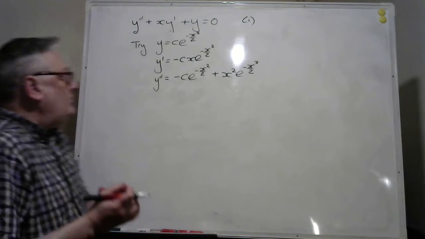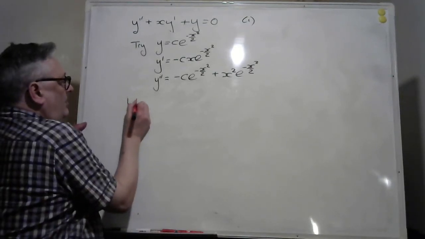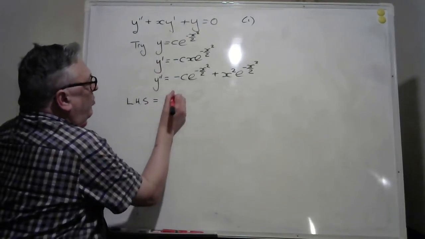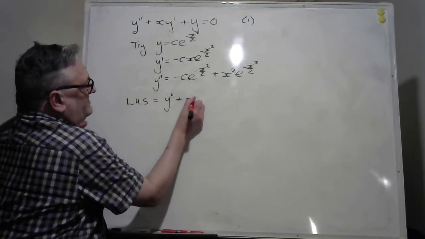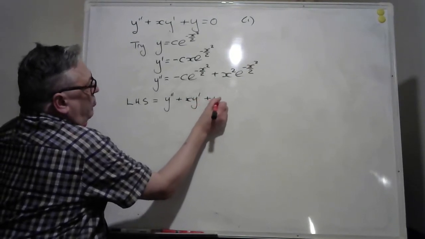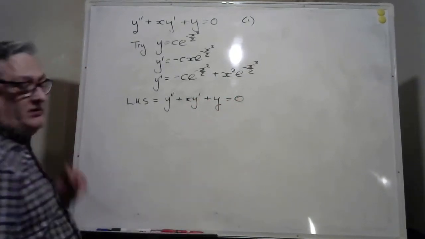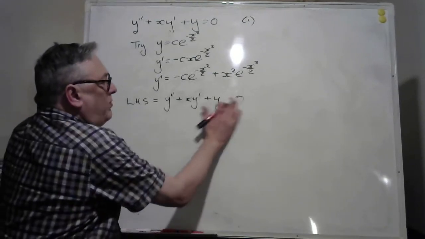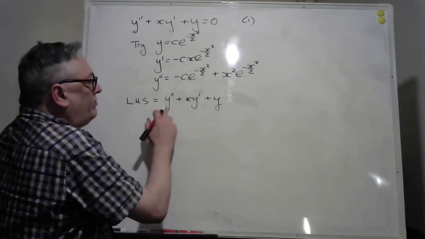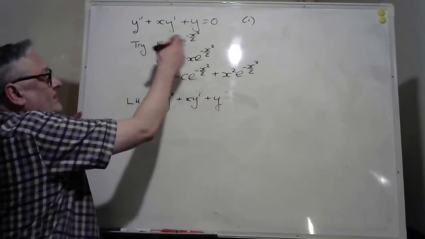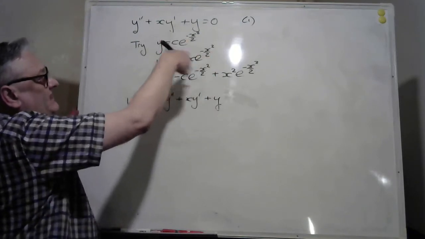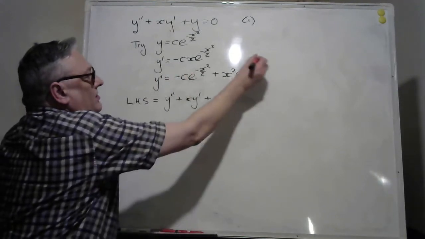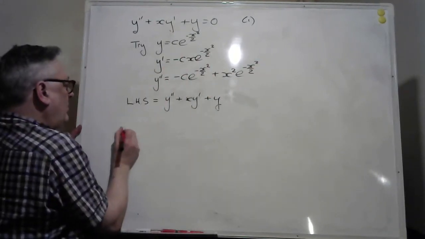Right, so what does the left-hand side equate to? Well, we'll just write down the equation again. We've got y double prime plus x y prime plus y equals 0. In fact, we don't need to worry about that equals 0 at the moment. We need to prove that it is equal to 0 when we substitute all of these functions into this equation. So we know that y double prime is equal to all of this here. So we'll write that down.